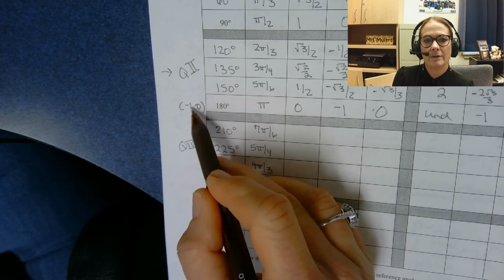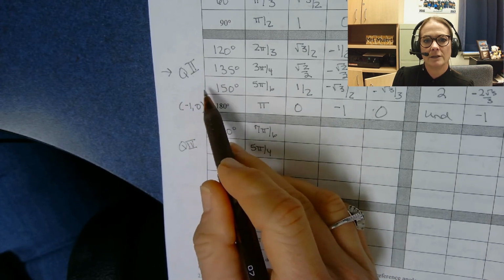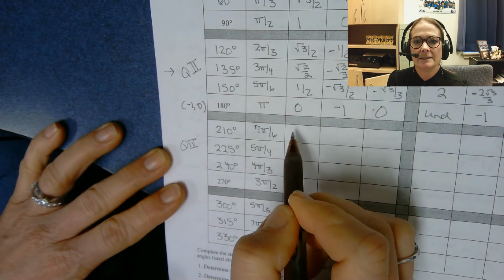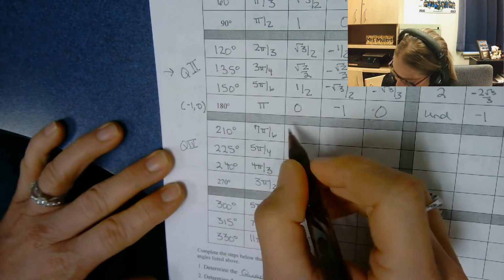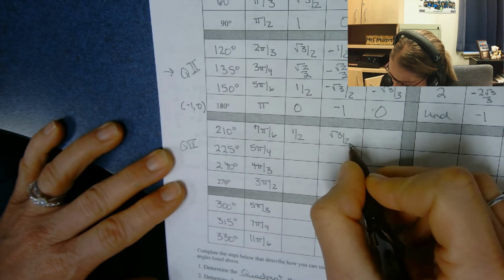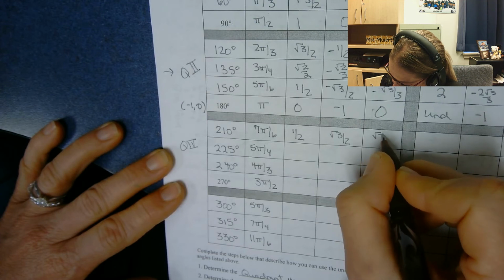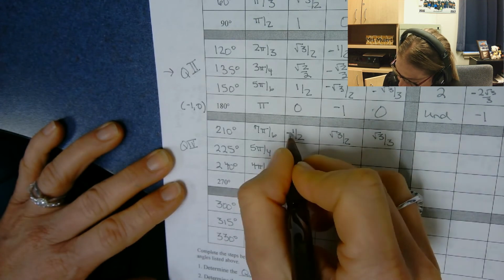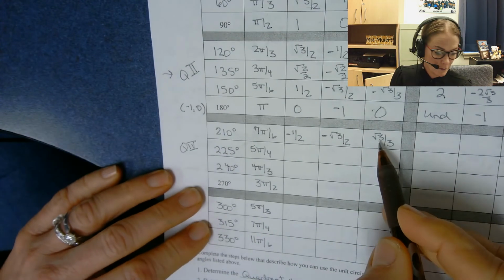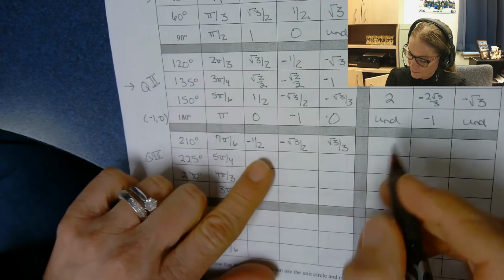So these guys are going to pattern after each other here. So I'll just use these same values. I just need to get my sign right. Okay? So this is going to be 1/2, root 3 over 2 and root 3 over 3. So who is negative in quad 3? Or who is positive? Tangent is positive. Okay, so those are those values.